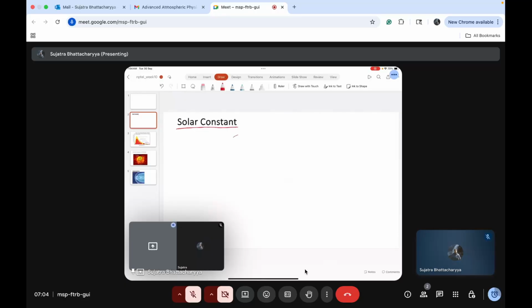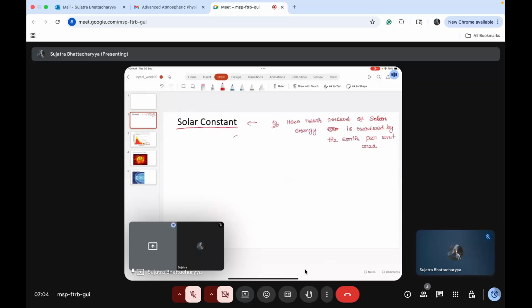So we will ask the question: how much solar energy is received by the earth per unit area? This is what we call the solar constant.